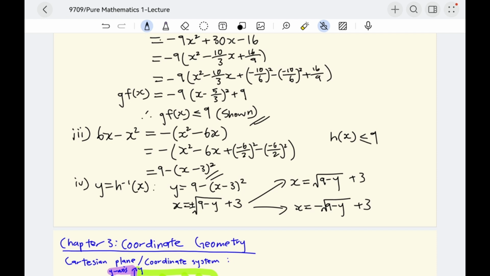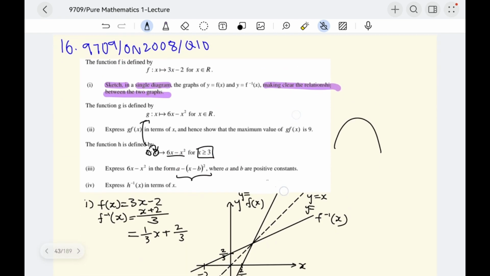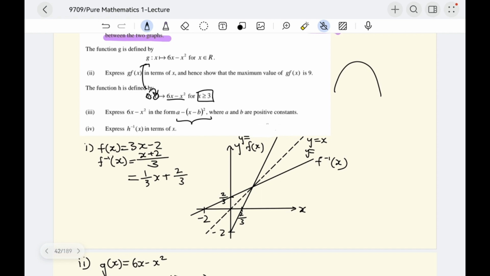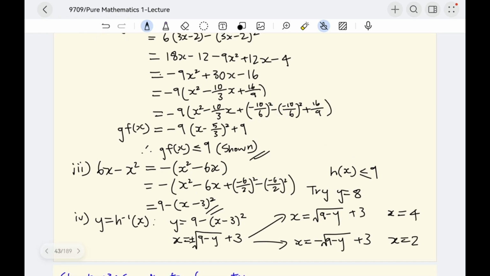So what about we substitute y equals 8 this time? If you try y equals 8 over here, you should get 4 for this, and meanwhile here is 2. Now check out the domain. What is the domain? The domain says that x is at least 3. Okay? So which of the two in this range of the inverse lies in the domain of h(x)? Obviously, it's this one.